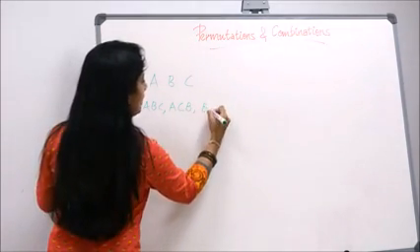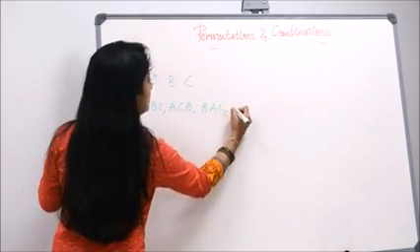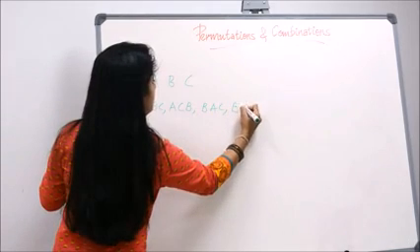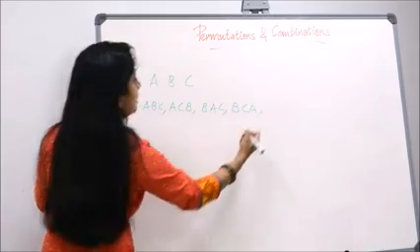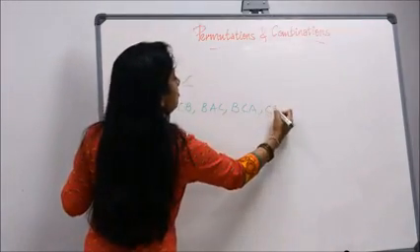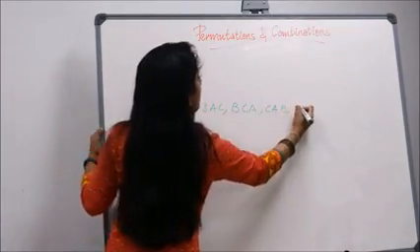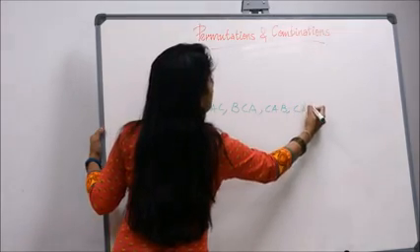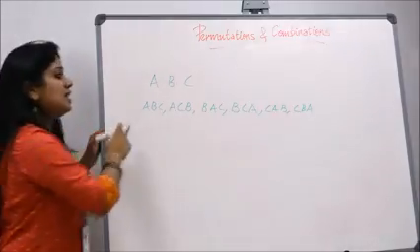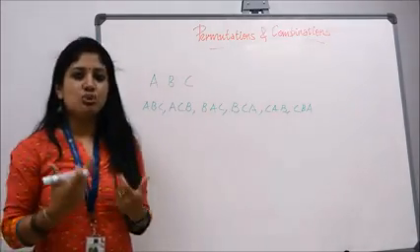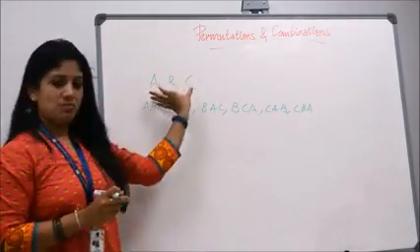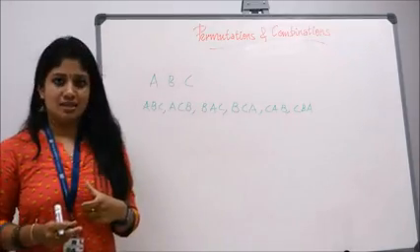Similarly, BAC, BCA, CAB and CBA. So these are the 6 possible ways by which you can arrange these 3 objects when you are taking all the 3 at a time.